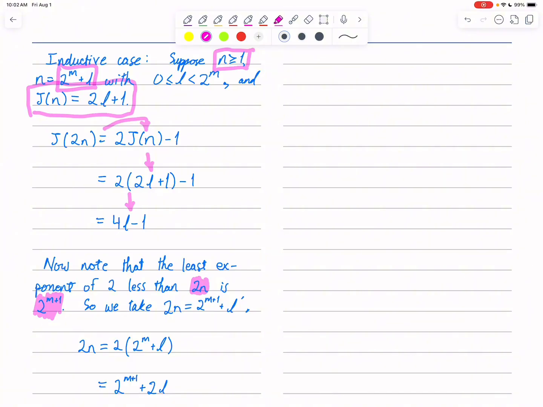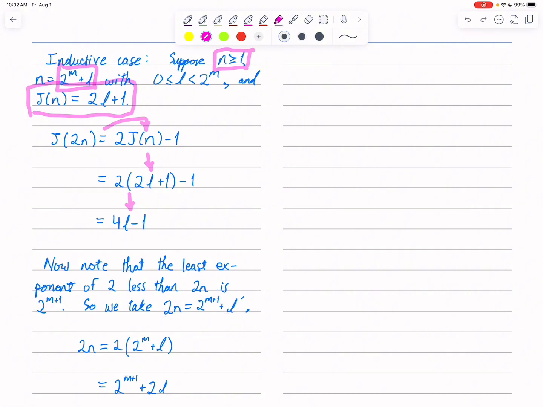So this is our new 2 to the m, so to speak, or 2 to the m plus 1. And so it may determine a new L prime. So we're going to say that 2n is 2 to the m plus 1 plus L prime, right? L prime is going to make up the difference between whatever this power of 2 is and 2n.